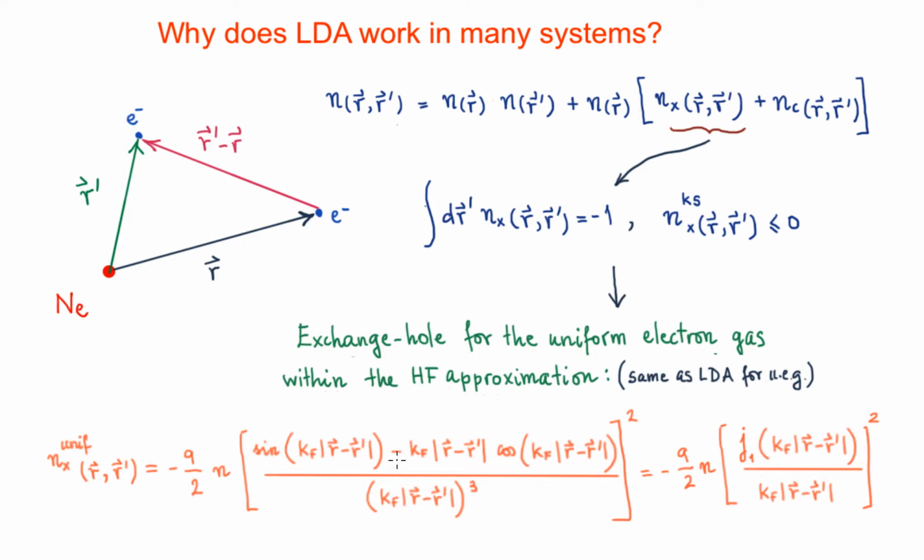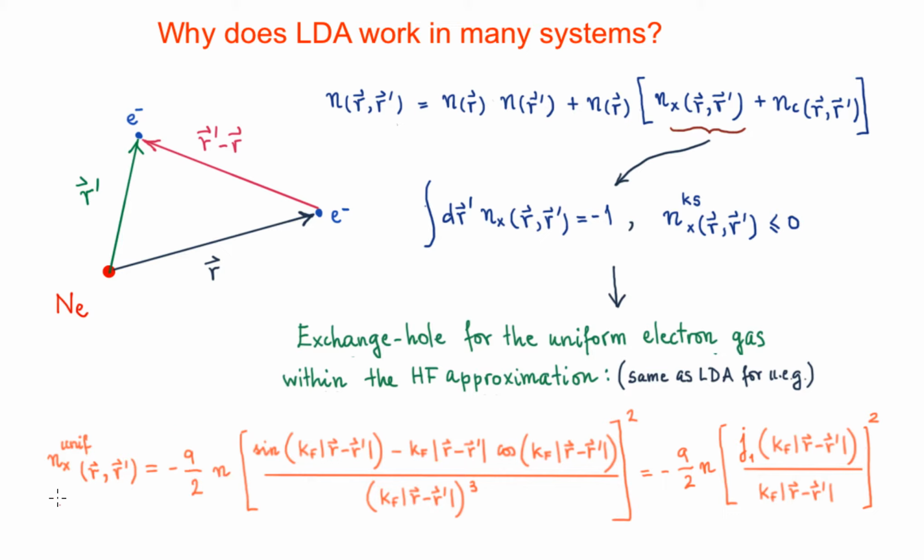And actually it has very interesting properties. Of course, within the LDA, the density that you have to plug here is the density located at the reference point. You have to substitute this n, which for the uniform electron gas is just a constant, with the density at point r.